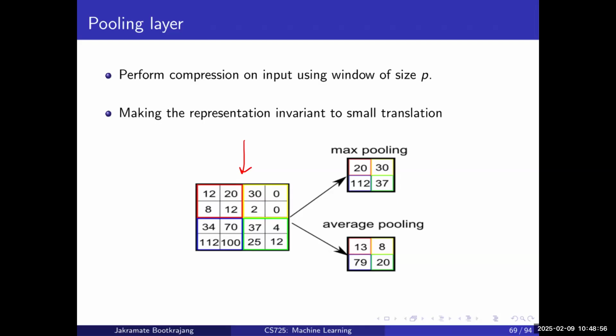For example, this image can be one pixel off. So what you do is look at a local window and take the maximum for each small window, and then you create a new image. So max pooling is basically reducing the size of the image by taking the maximum over a small region.